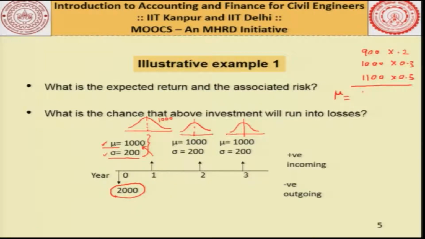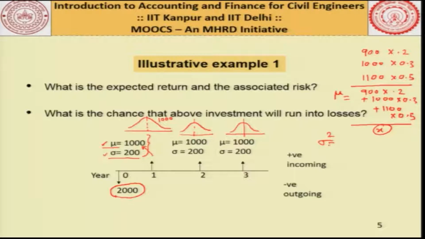So, mu will be given by 900 into 0.2 plus 1000 into 0.3 plus 1100 into 0.5. Suppose this is coming to be some value x. Now, knowing this x, we can very easily calculate the sigma square and thereby sigma.